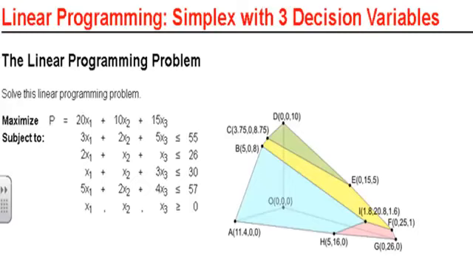In the third step, we write the standard form linear programming problem in matrix form. In the fourth step, we construct the initial simplex table. In the fifth step, we calculate the value of Zj minus Cj and check the basic feasible solution for optimality.